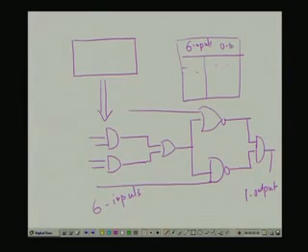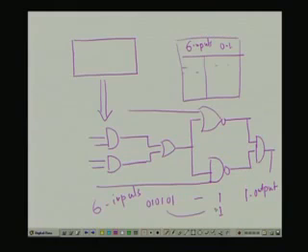Now, if I change some of this, still the behavior is the same. That means, for the same input I am getting the same output. Say my input is 0 1 0 1 0 1, and I am getting 1 as the output. Even if I change some of the gates, I am still getting a 1.